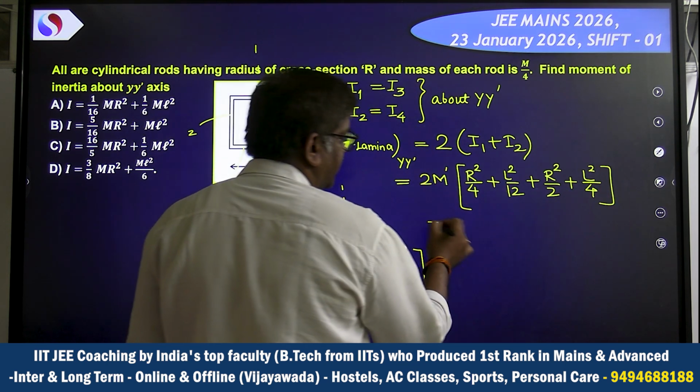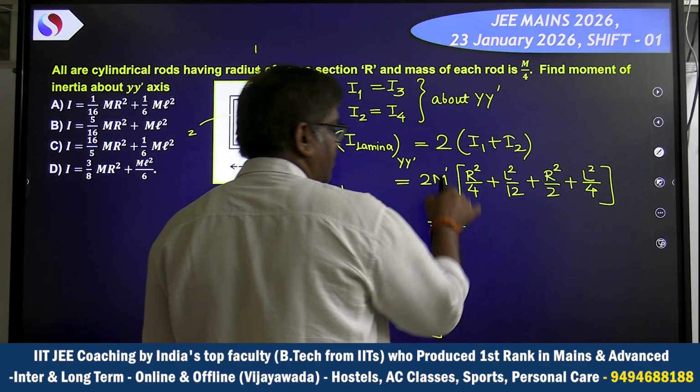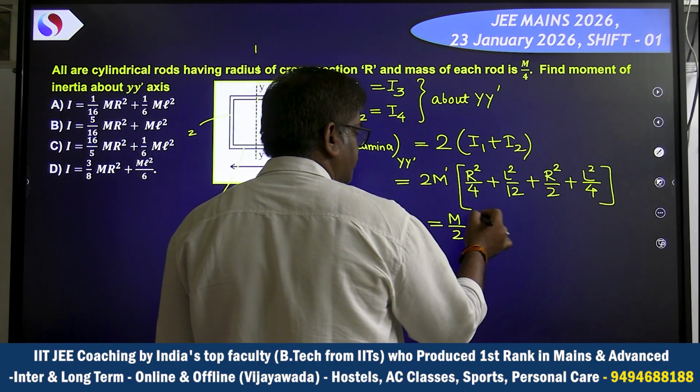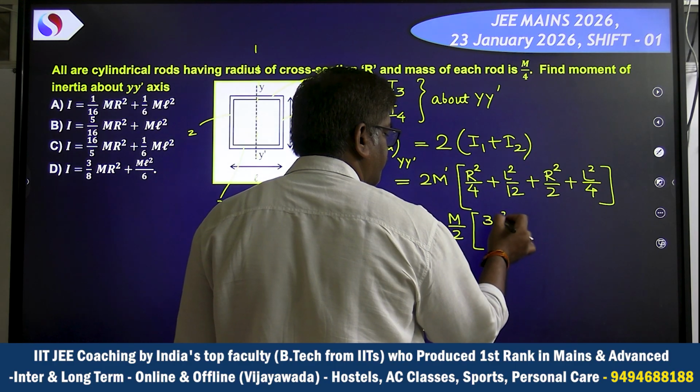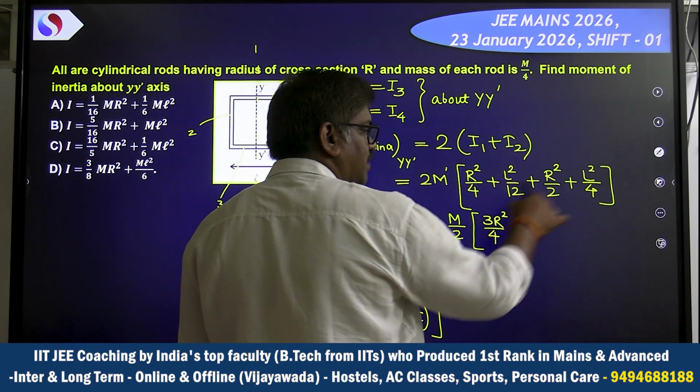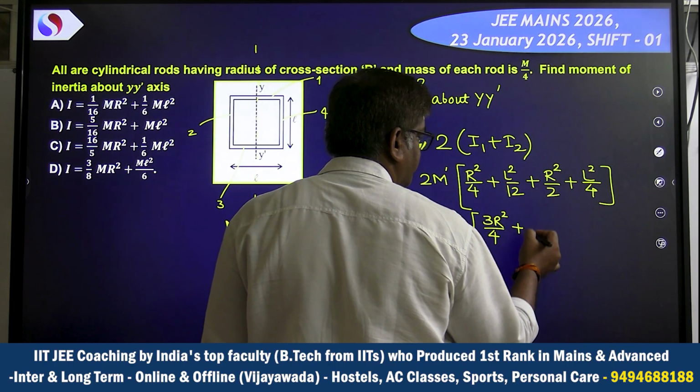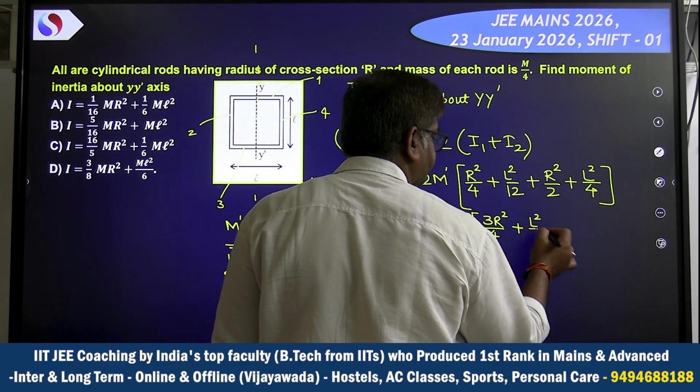Substitute the value of m dash. So this is given to you m by 4 into 2, that is m by 2. Now r square by 2 plus r square by 4 is 3r square by 4, and L square by 12 plus L square by 4 will be L square by 3.